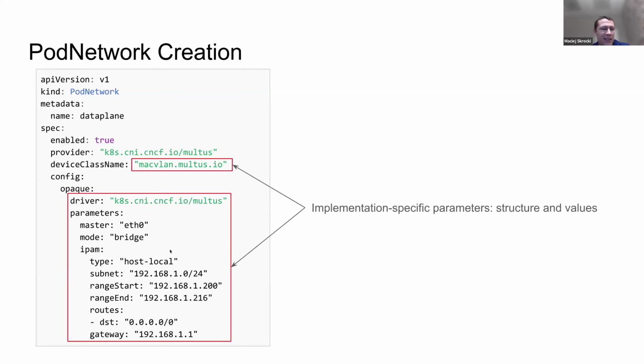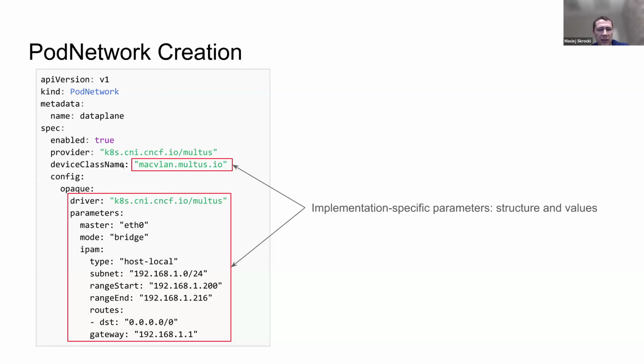It comes with two fields that are driver specific, whatever the driver defines. The object itself is very simple. It has just two basic fields, but the rest is all related to the configuration of the driver.